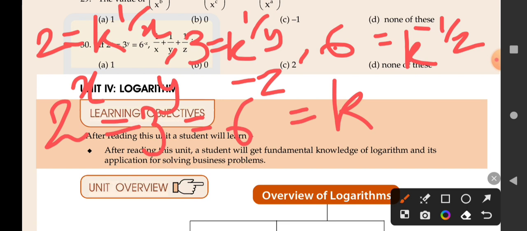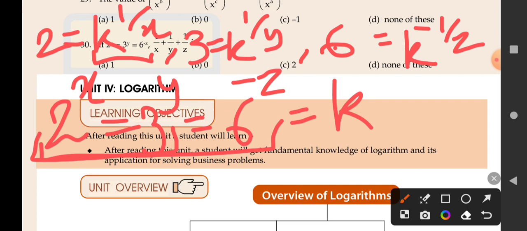Okay. Now we already have these given equations, right? So we can write 6 as 2 into 3, correct? And 2 into 3, this part we are going to multiply. Okay, listen carefully.